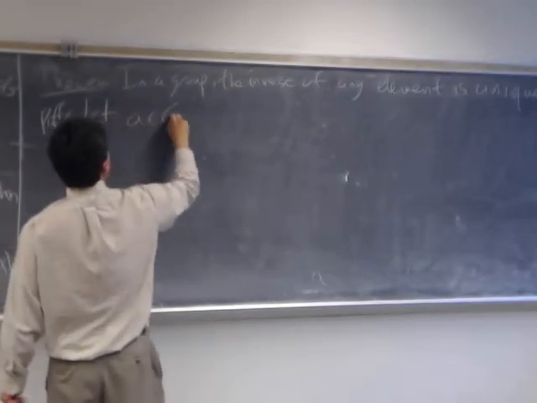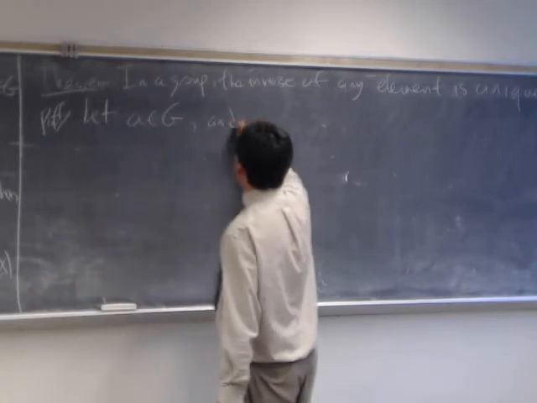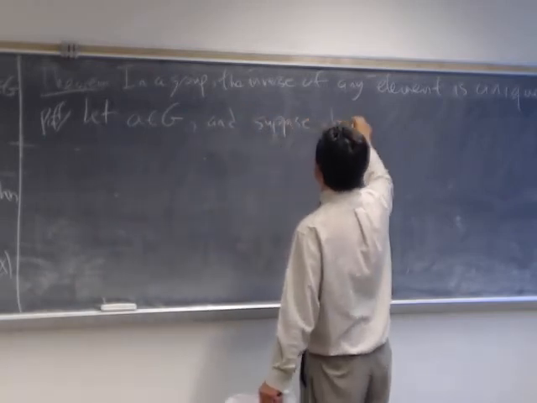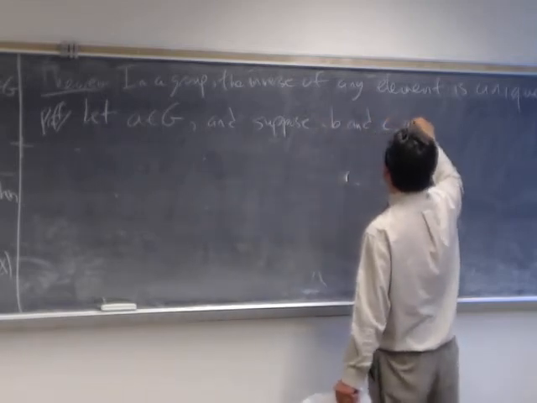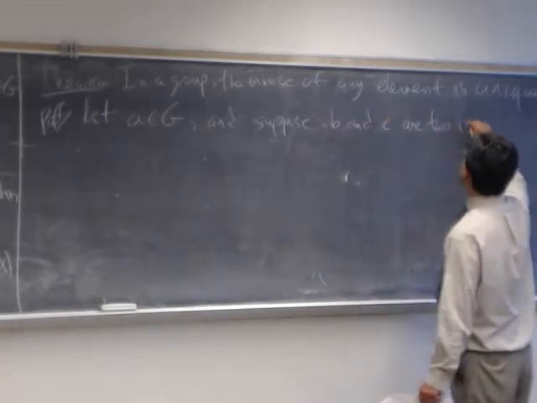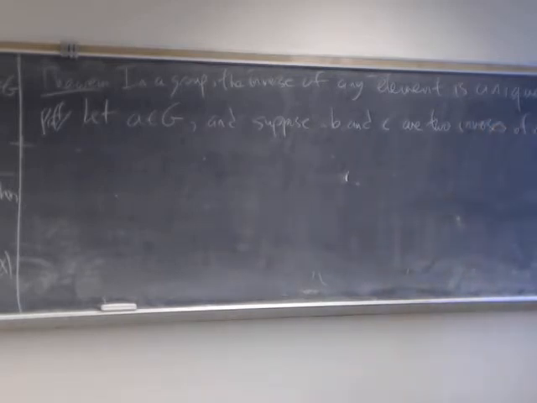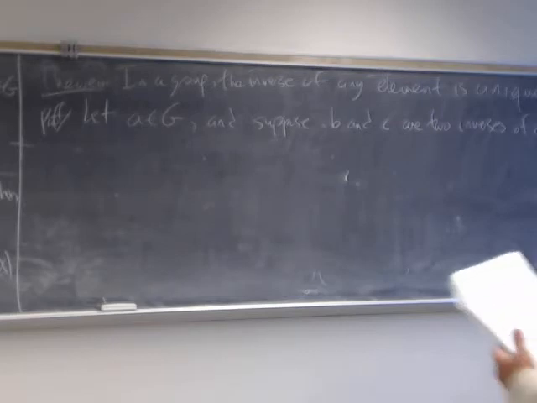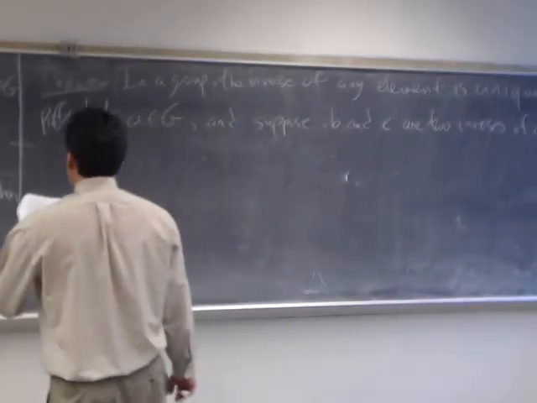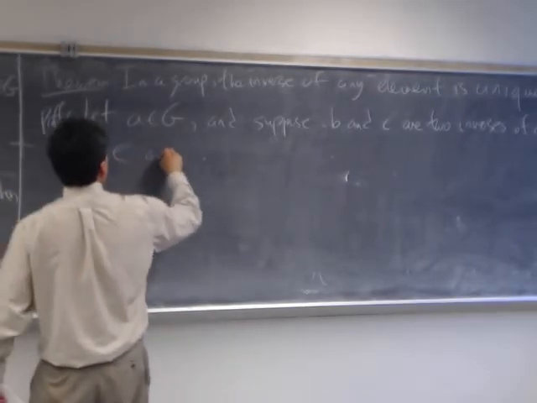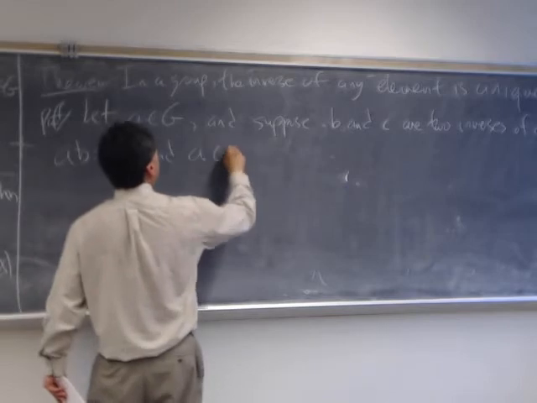Let A be an element of G, and suppose B and C are two inverses of A. What does unique mean? It means they're not really two different ones, they're the same one. B would equal C. So we have AB equals E and AC equals E.